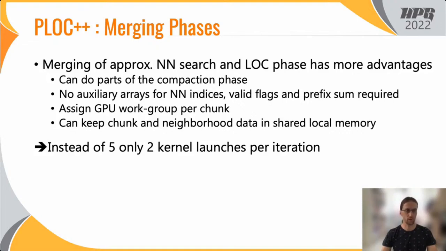For example, storing the nearest neighbor indices or the valid flags. So this saves bandwidth and instructions. We can also assign a GPU workgroup, or in CUDA terms, a CUDA block, to process a single chunk and keep all required data in shared local memory. With all that, the number of required kernel launches is reduced from 5 to just 2 per iteration.